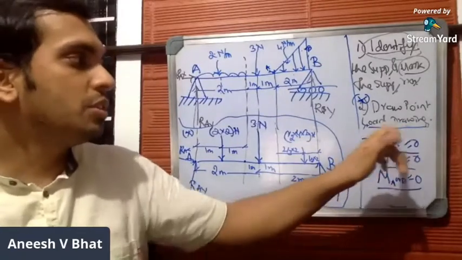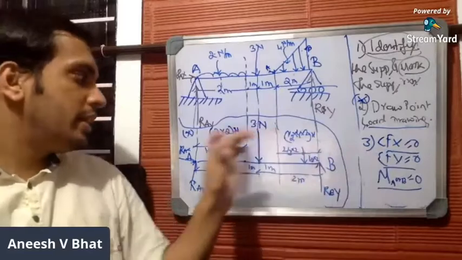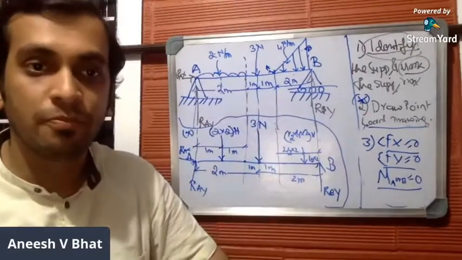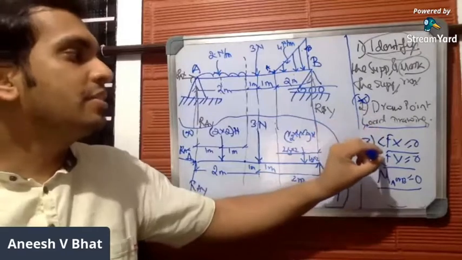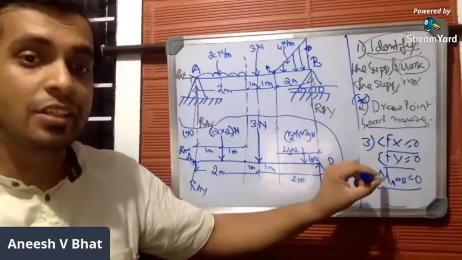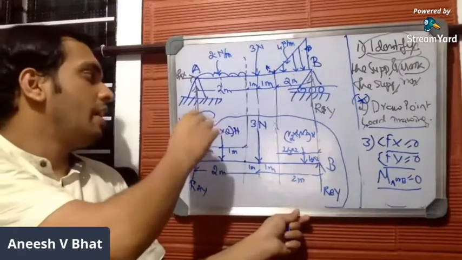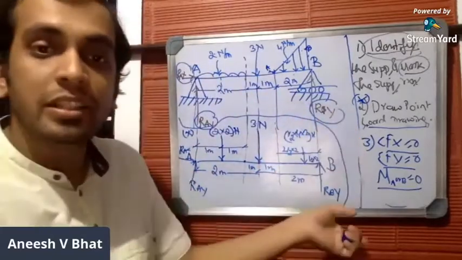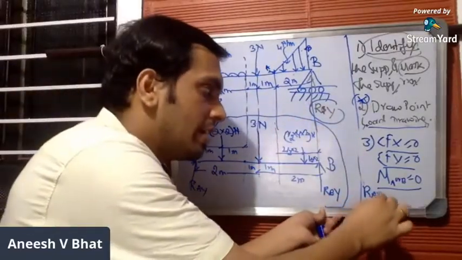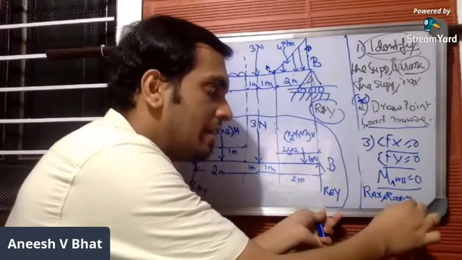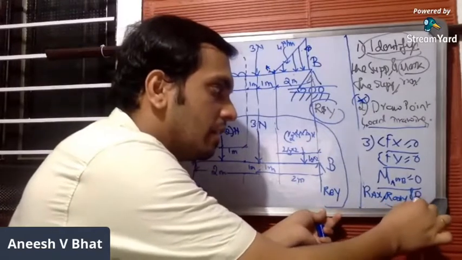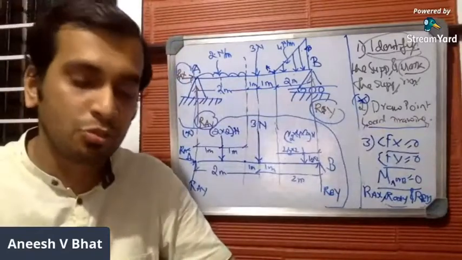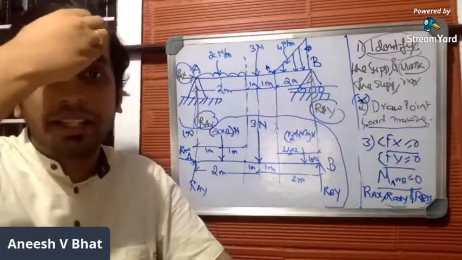So by applying these 3 conditions, you can find RAY, RAX, and RBY. Our ultimate aim is to find these 3 support reactions: RAX, RAY, and RBY. These are the support reactions which we are supposed to find using these 3 steps.